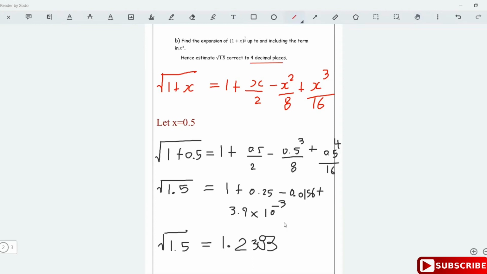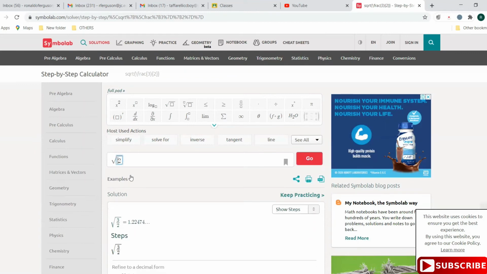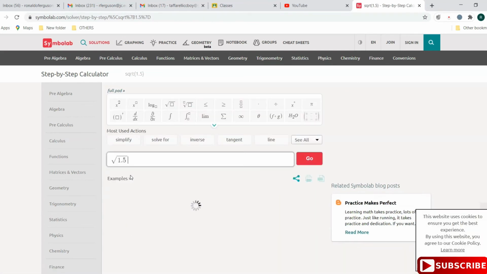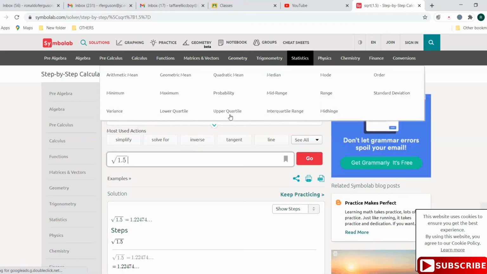1.2383 I get. Now let's verify if my solution is accurate. We want the square root of 1.5, and that's 1.224. So we are relatively close, but not 100% the same.